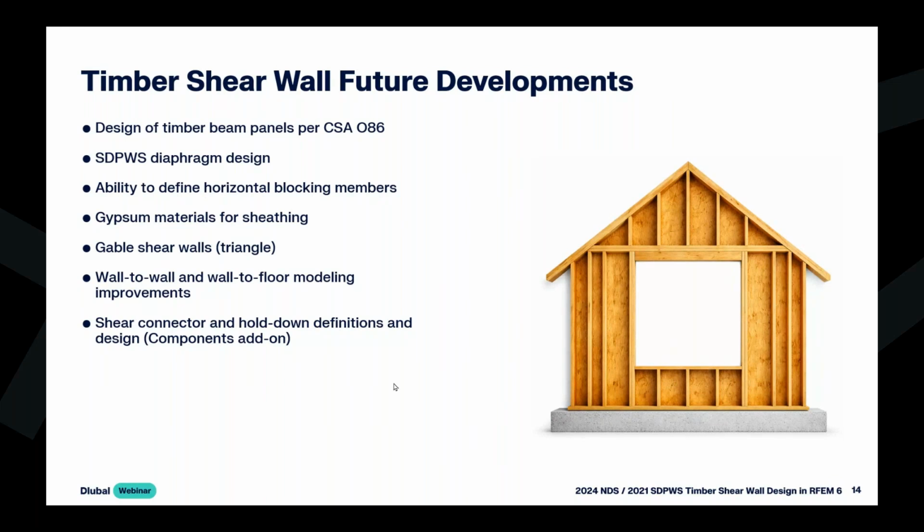So we do have a new add-on called Components where we want to integrate all of these manufacturers' products and link them up to the timber shear wall design to give you exactly that, the automatic design of those anchorage systems. So something to look forward to as well.